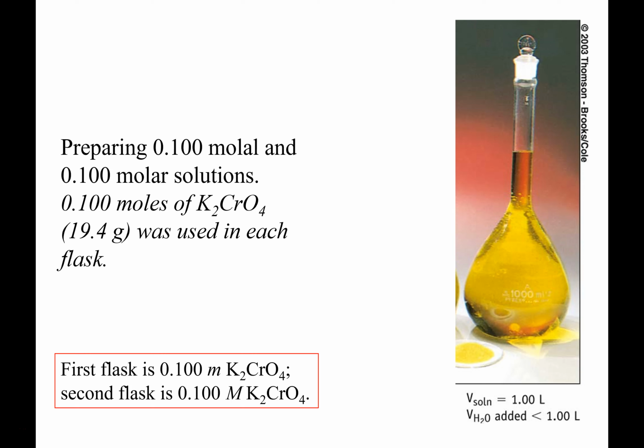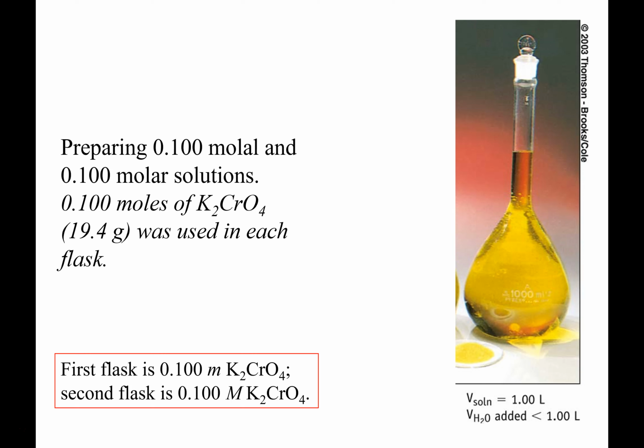So here's one for you. In both of these cases, they have set aside 0.1 mole of potassium chromate. In this case, this is 1 molar. So what they did was what we're used to doing.